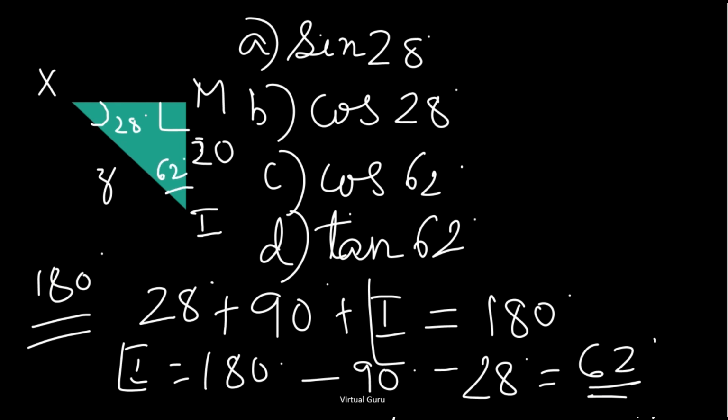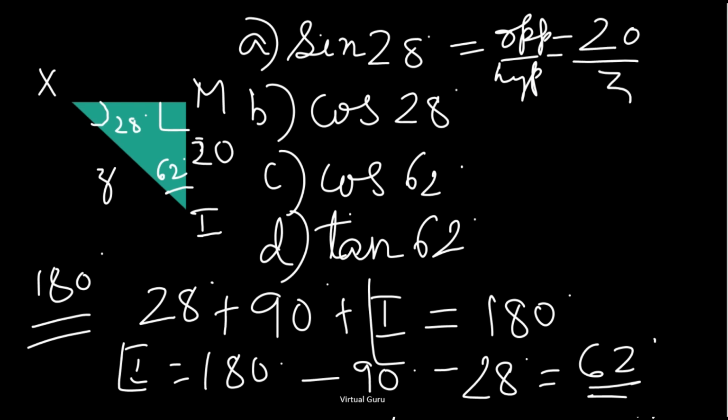Now let's continue. Which ratio is useful for finding Z? Whether sine 28 is useful: sine, you can recall, is SOH. So opposite of 28 is 20, opposite by hypotenuse. Opposite is nothing but 20.